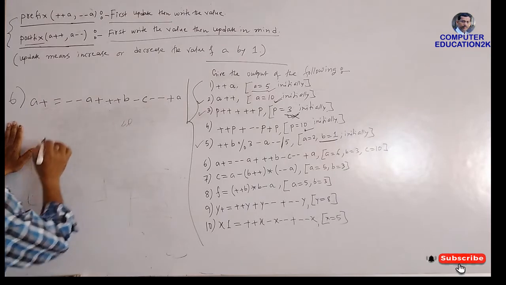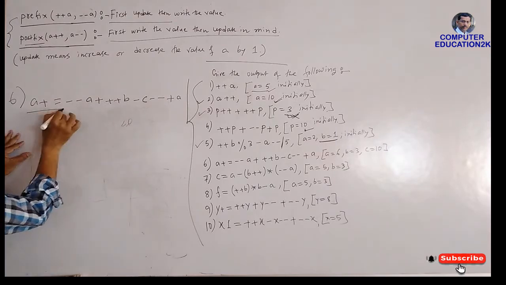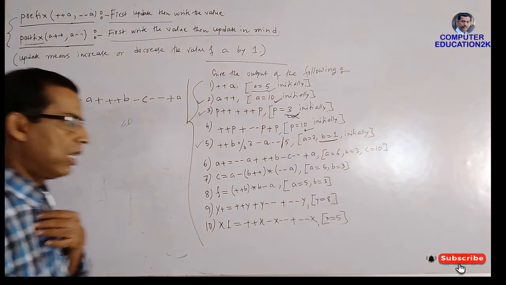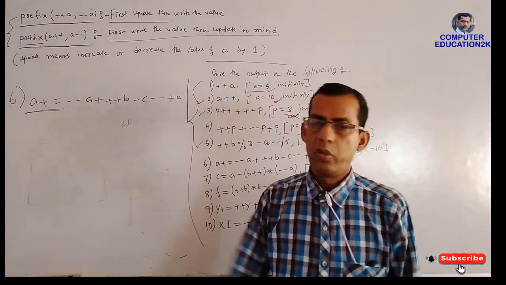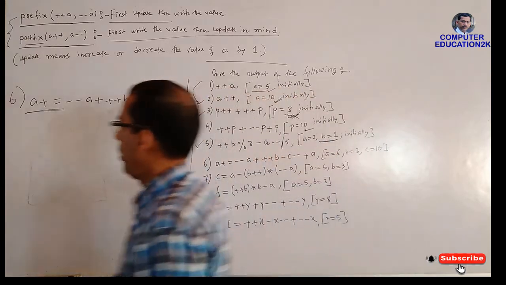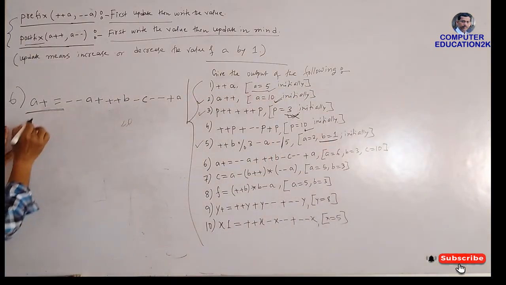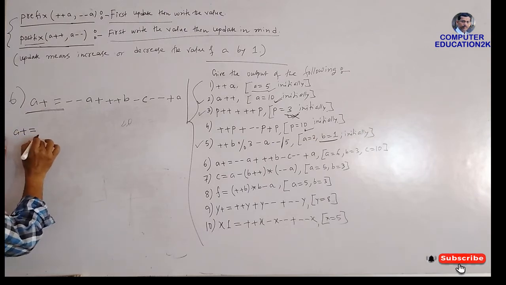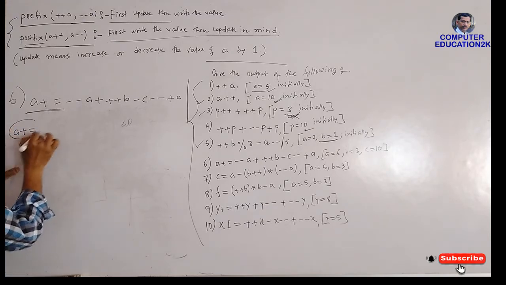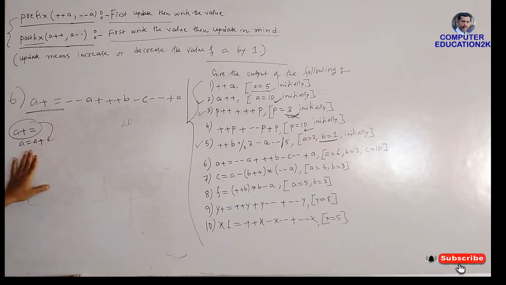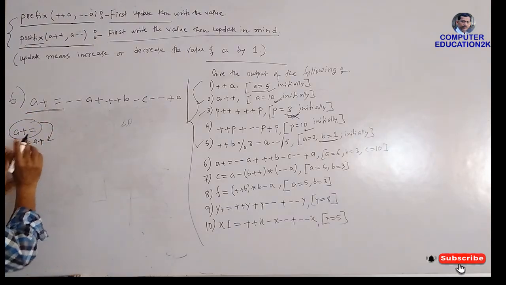Now what do you do? For this kind of expression, when you want to find the output, you have to write it first like this. What is the meaning of a plus equals to? It means a equals to a plus.